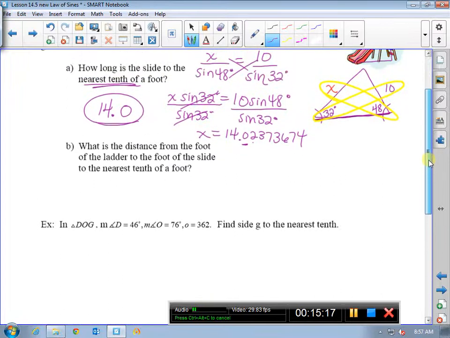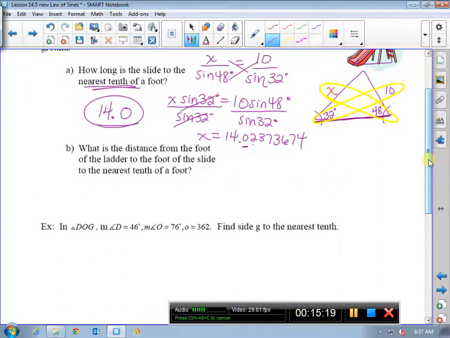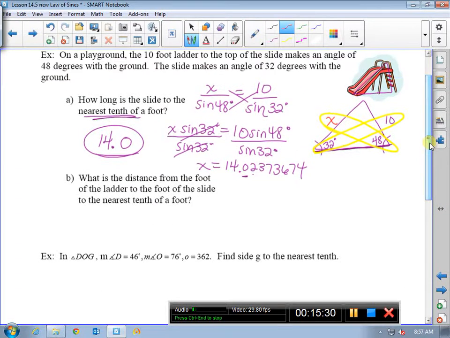Part B. What is the distance from the foot of the ladder to the foot of the slide to the nearest tenth? So now they want a different part of this triangle. I'm going to label it N. They'd like the distance from the bottom of the ladder to the bottom of the slide. So this side is across from this angle up here. Do we know that angle up here? Well, we have to use the other two angles.